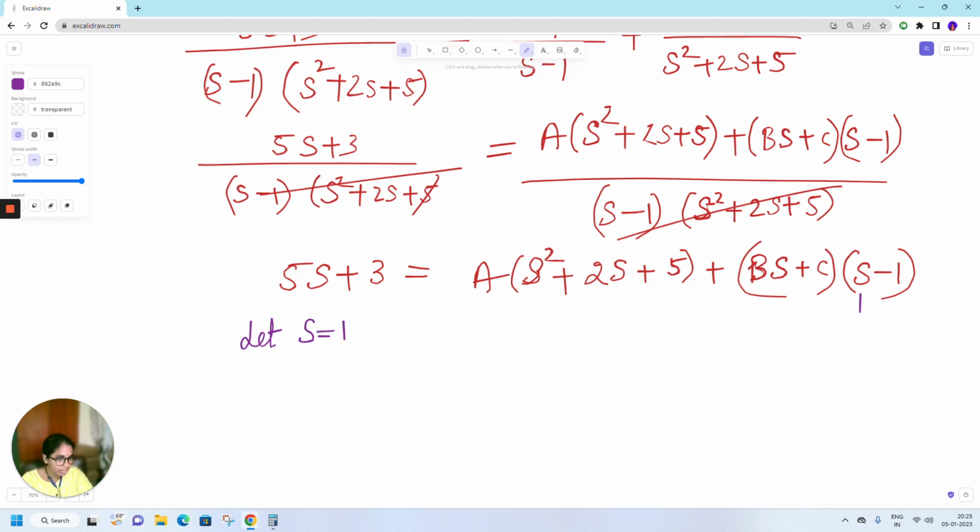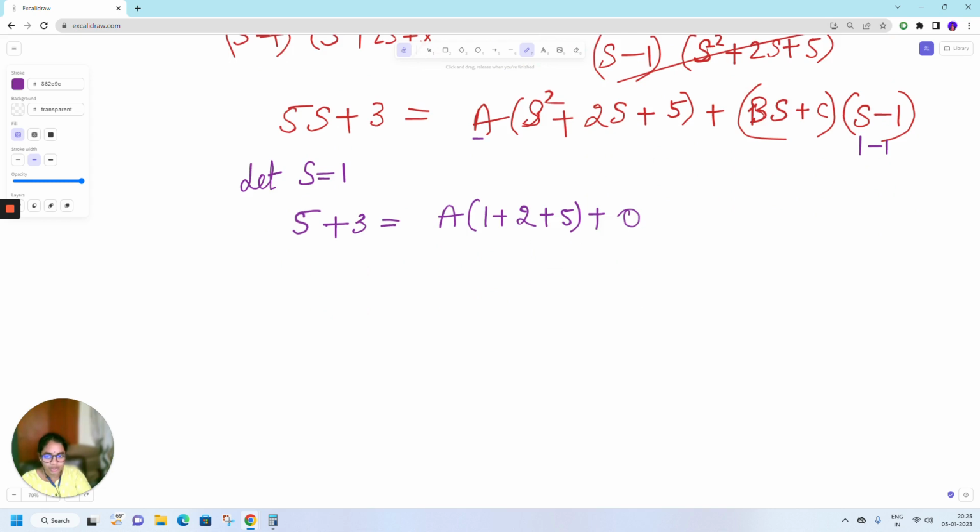If I give 1, then 1 minus 1 becomes 0 and I would get the value of A. So LHS becomes 5 into 1 plus 3, equal to A into 1 square plus 2 into 1 plus 5, plus 0. So here I would have 8 is equal to 8A. So our value of A is 1.